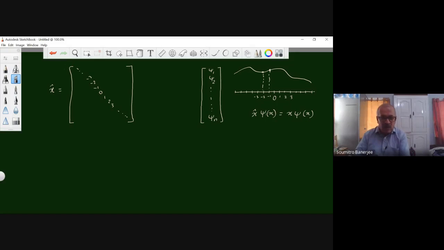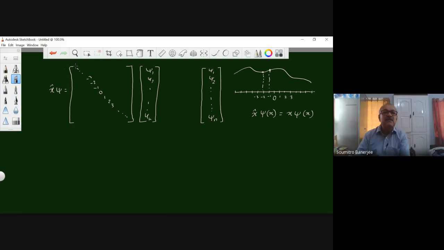So we need to construct this square matrix in such a way that its effect will be this, and that can be done by writing X psi, then writing this function psi 1, psi 2, psi n. See, when you multiply, this one gets multiplied with this one. That means its position, X value, gets multiplied with psi 1. The second position X value gets multiplied with psi 2, the third position X value gets multiplied with psi 3, and so on.